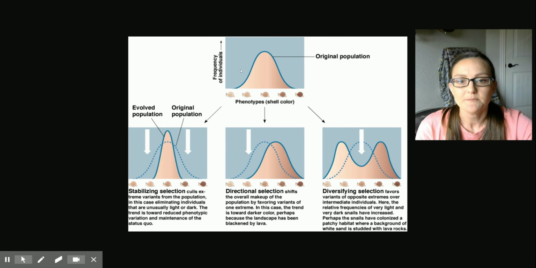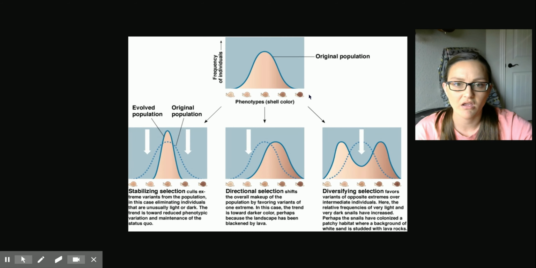On this first one, this is what we call a bell curve, and the bell curve is a traditional distribution of data. When we're looking at populations, it's pretty typical prior to a selective pressure. What you're seeing is the number of individuals with the trait, and then the types of traits represented. In this case, this is about snails and their shell color. We range from very, very light to sort of a medium brown.